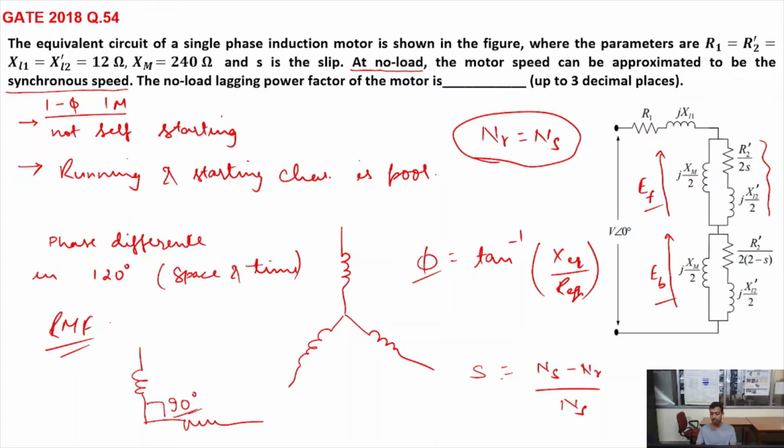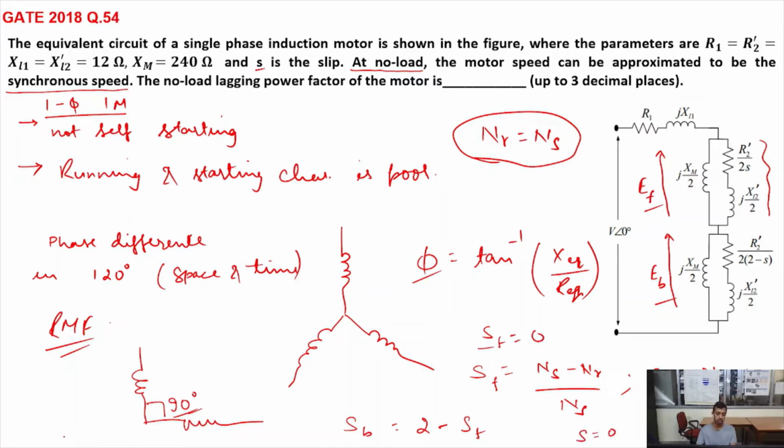The forward slip is Ns minus Nr by Ns, and Ns plus Nr by Ns is the backward slip, and we can write backward slip as 2 minus forward slip. And this SF is generally written as slip. So this slip is nothing but this SF, right? So at NR equal to NS, SF would be 0. Means S would be 0.